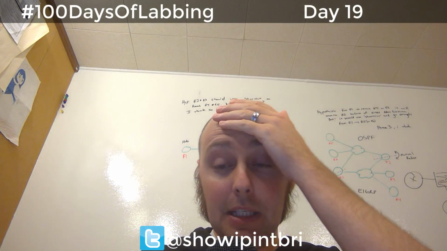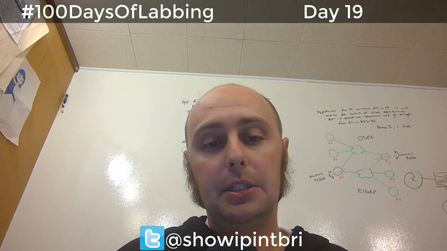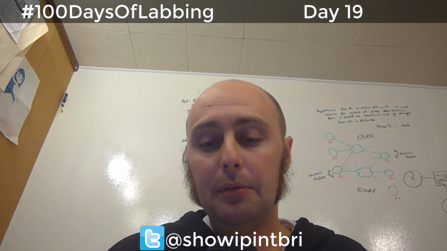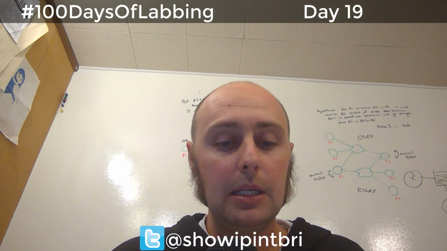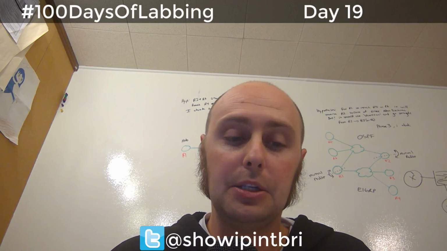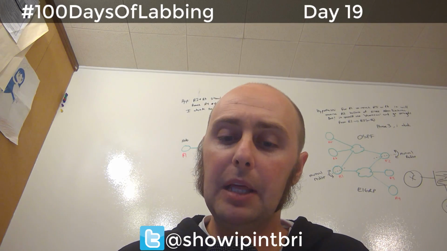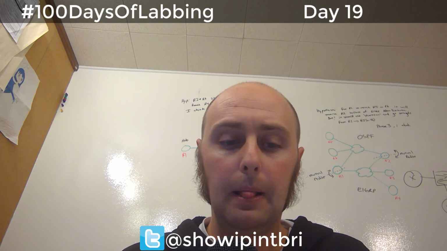The answer key said BFD, and in my config, I did timer manipulation, and I think both are valid. However, because I didn't align it with the key, I didn't mark it as wrong. I marked another thing that I got in this section as wrong, why I gave myself a 0. But I think both are valid answers here, so if anyone feels differently about that, please let me know.